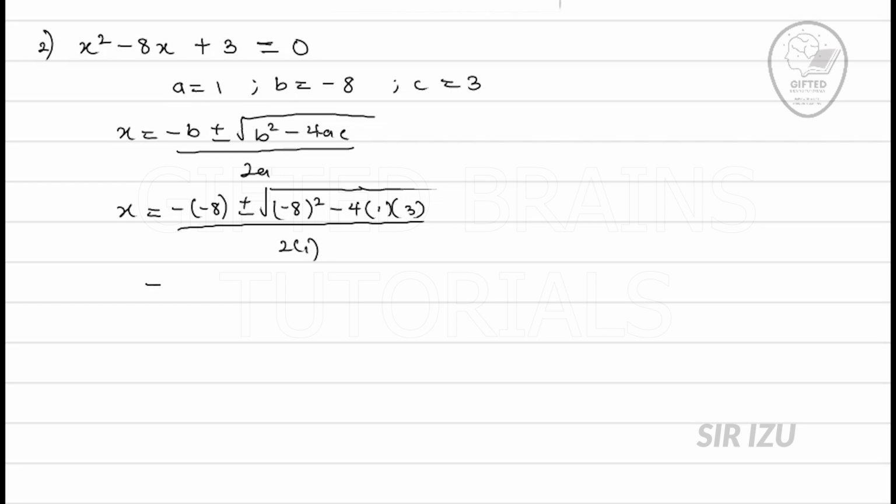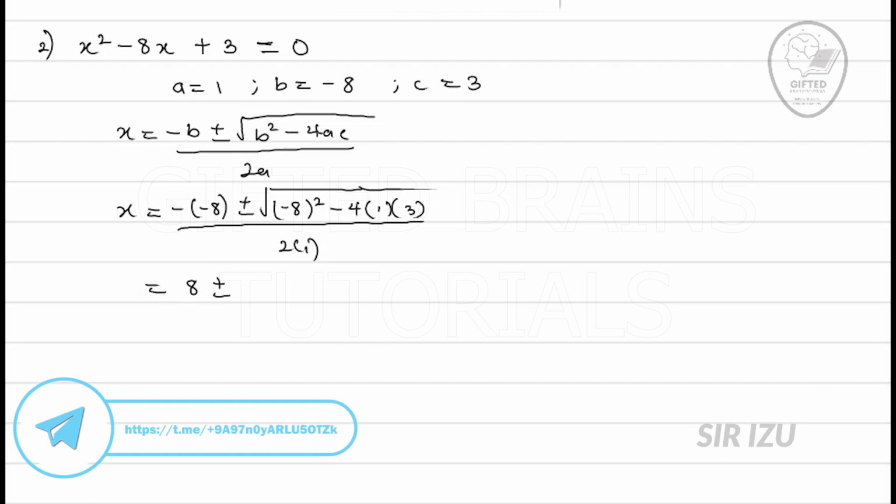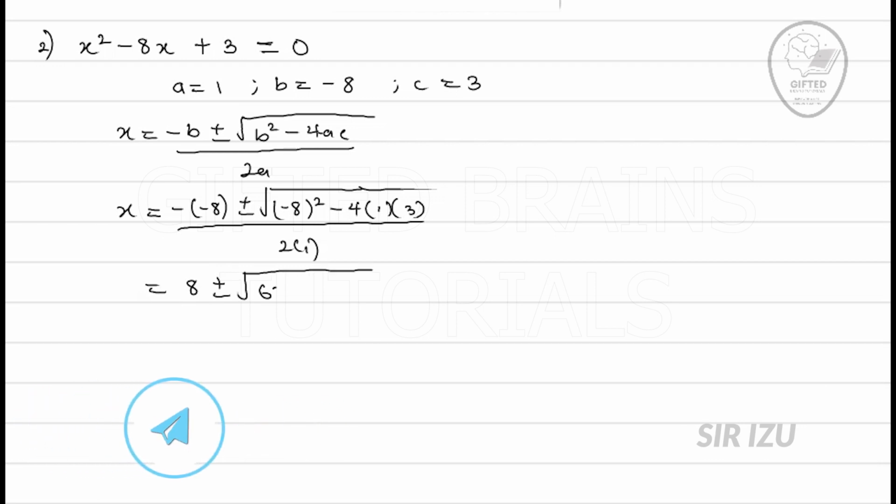And now minus minus 8 will give us 8, plus or minus the square root of minus 8 squared, which is 64, minus 12, all over 2.